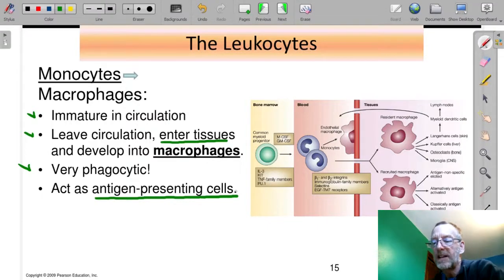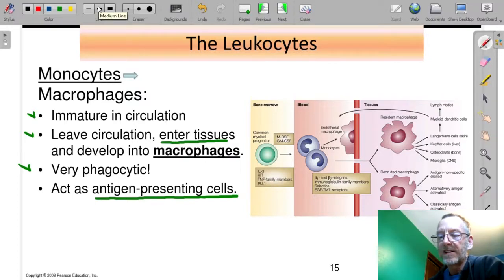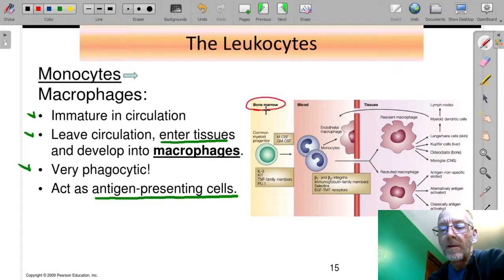So this slide that I pulled out of a Nature Review article is not something for you to memorize, but maybe just to look at and see what you do recognize in the slide and not worry too much about what you don't. Well, here's the bone marrow, and here is a stem cell.